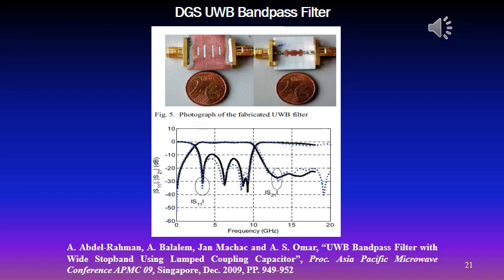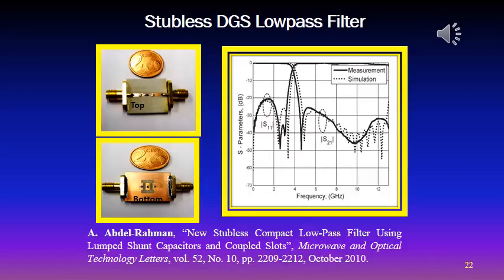Defected ground structures have been utilized to improve the performance and realize ultra-wideband band pass filters. More than this, defected ground structures are used by our group to implement a stubless low-pass filter with improved performance.